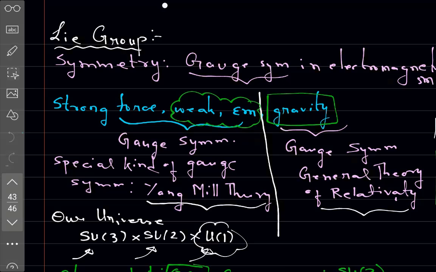So yes, the whole idea is: can you write a quantum field theory type of Lagrangian that can give birth to gravity? The work is going on now. General theory of relativity is a gauge symmetry, and the group I have to search. I don't know. I have to search.